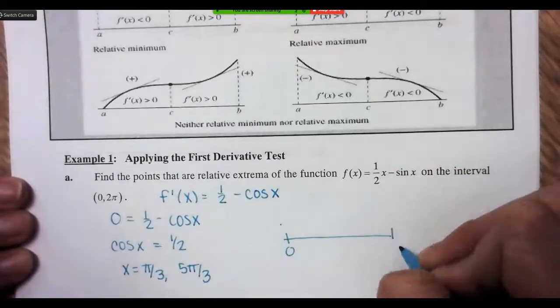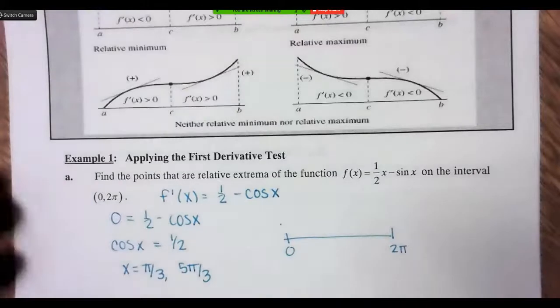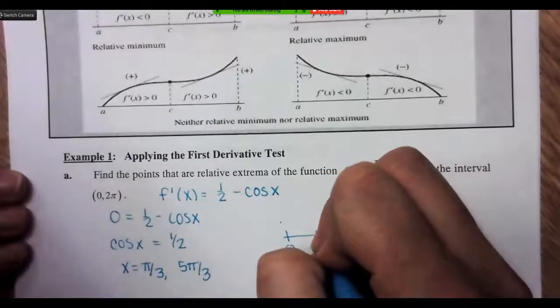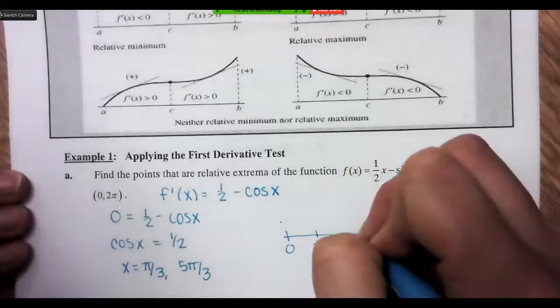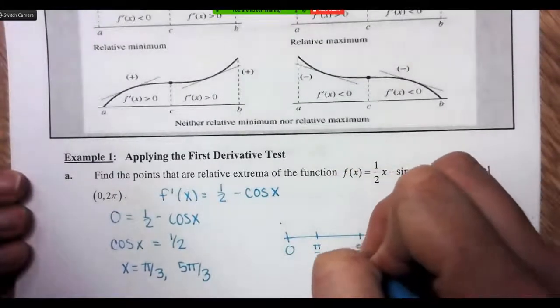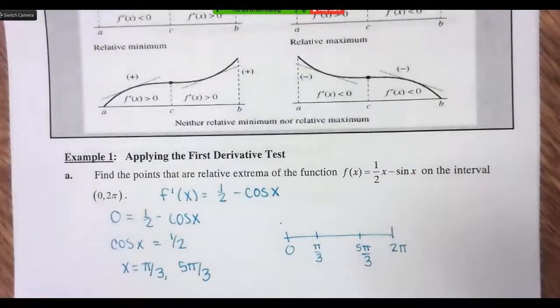Now remember, my sign chart is restricted to the interval 0 to 2 pi. So you don't want to be looking at values beyond those. And then we're looking at pi thirds and 5 pi thirds. So you have to know what points fall between pi thirds and 5 pi thirds, etc.